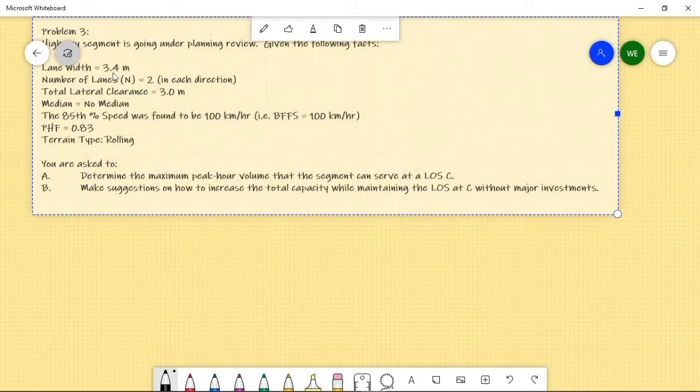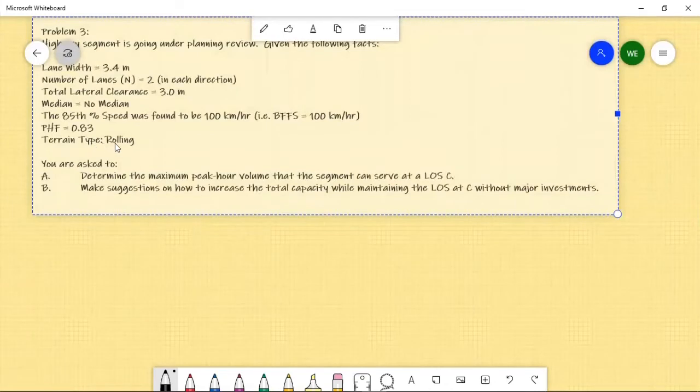The lane width is 3.4 meters, number of lanes is 2 in each direction. Total lateral clearance is 3.0 meters. Median, no median. The 85th percentile speed was found to be 100 kilometers per hour. That's the basic free flow speed. The peak hour factor is 0.83.